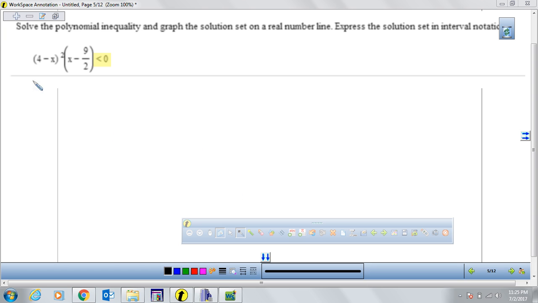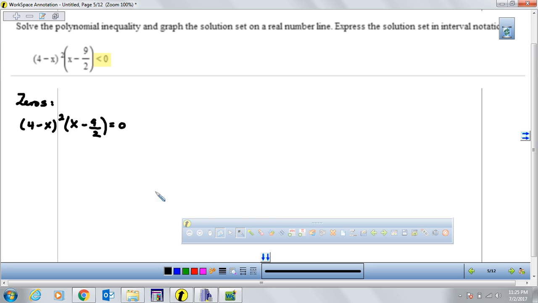Now, the first thing that we need to do on polynomial inequalities is to find our boundary points. Our boundary points are the zeros of the equation. To find the zeros, we want to find the values of x for which this is equal to 0.